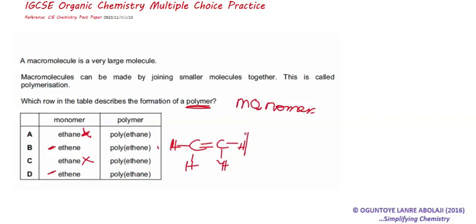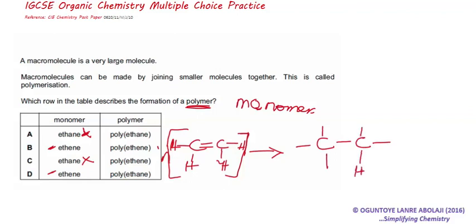Just to show a simple equation for polymerization, you have n here, many ethene molecules coming together. What happens when polymerization takes place? The double bond between the carbon atoms will be broken.